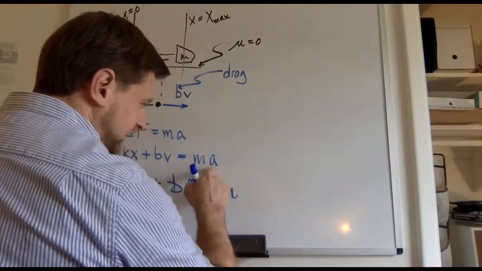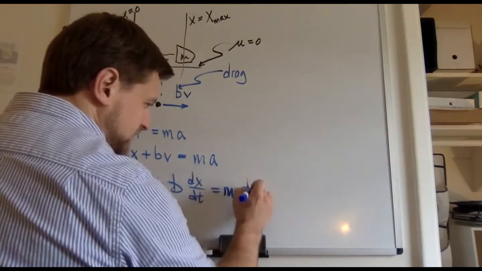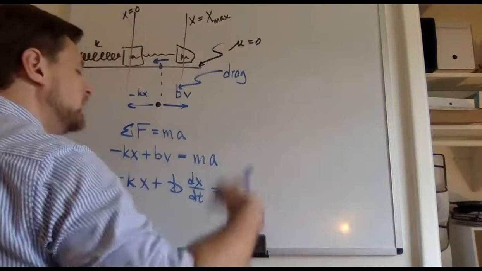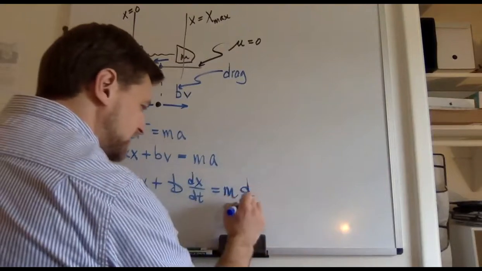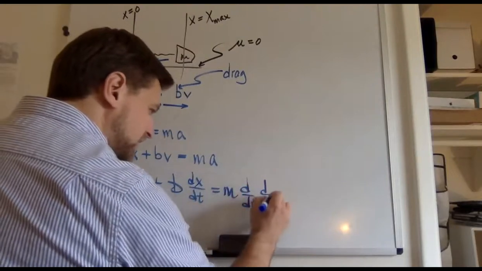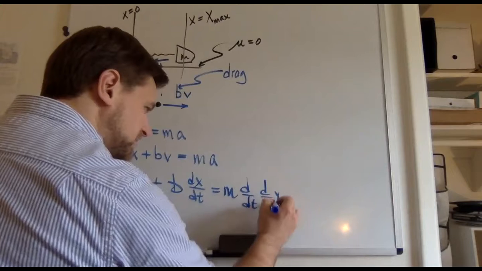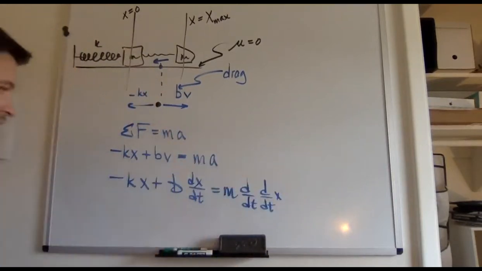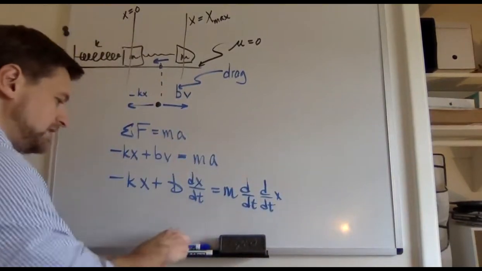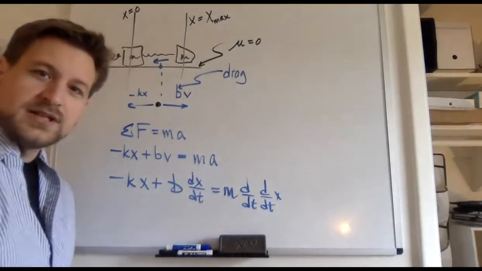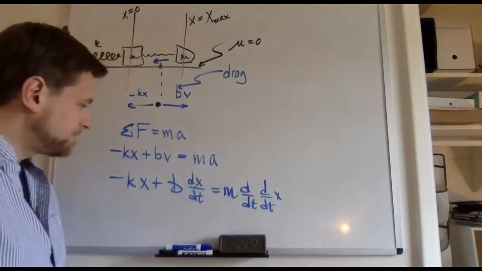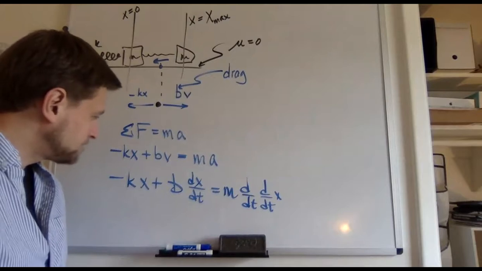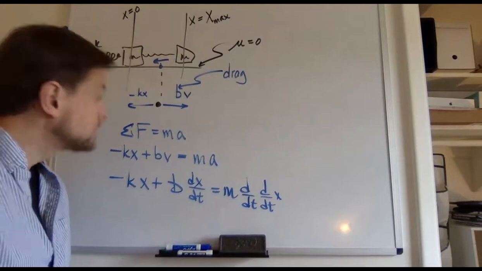And a is the rate of change of the rate of change, so it's the rate of change of the rate of change of position. This is, oh my gosh, even worse than the differential equation we ended up with last week. Yikes.